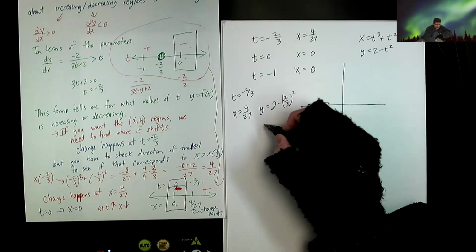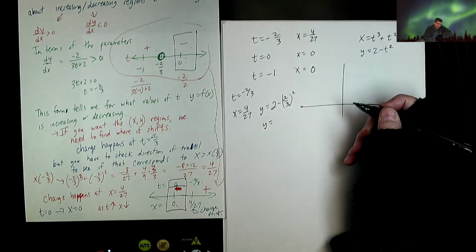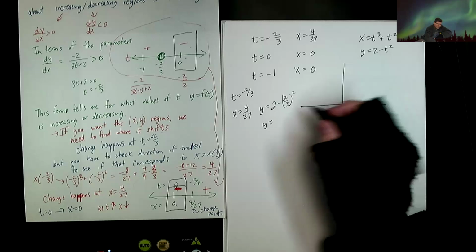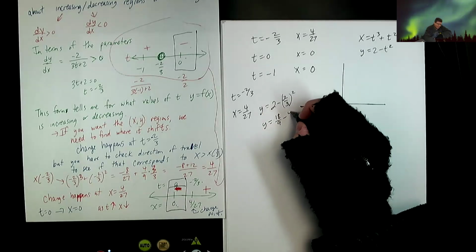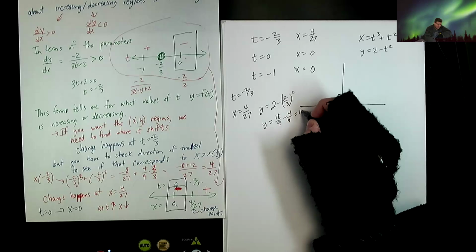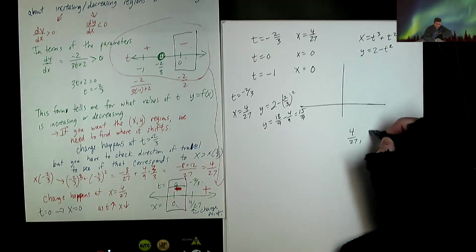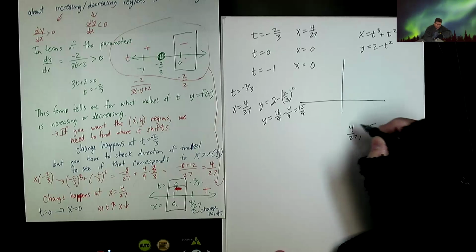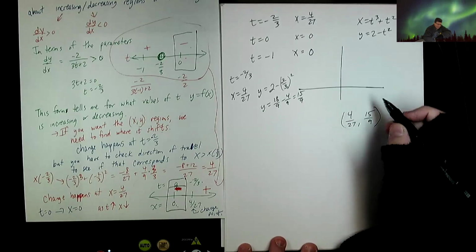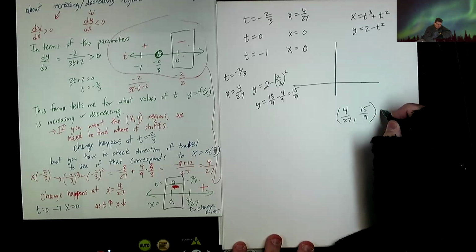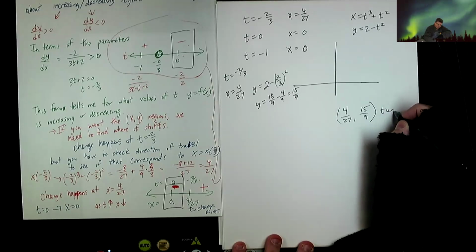Four ninths is, 18 ninths minus 4 ninths is 15 ninths. So I have 4/27, 15 ninths. That's our turning point. Turning time.